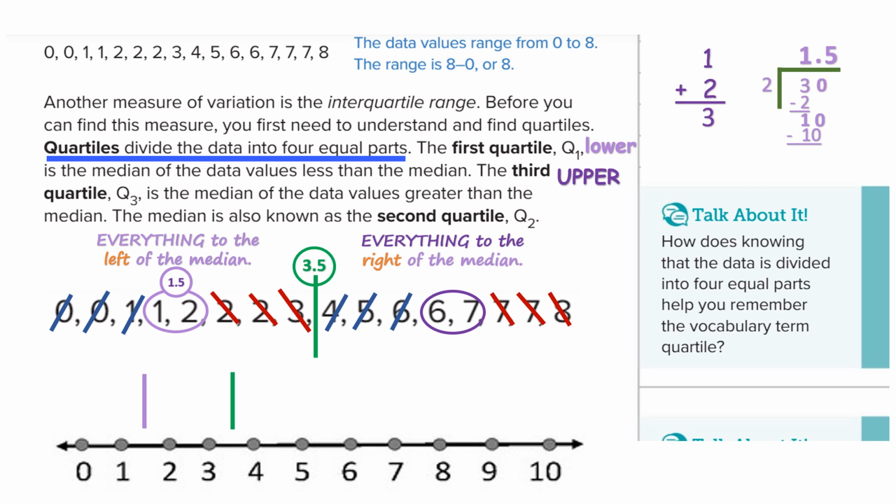I see that I have 2 middle numbers, 6 and 7. So the median of that group is going to be 6.5. Now I know that because when I add 6 and 7 together I get 13, and I divide it by 2, I'm going to see that it is indeed 6.5. So my upper quartile is 6.5. I make a tally mark according to the steps of my box plots.